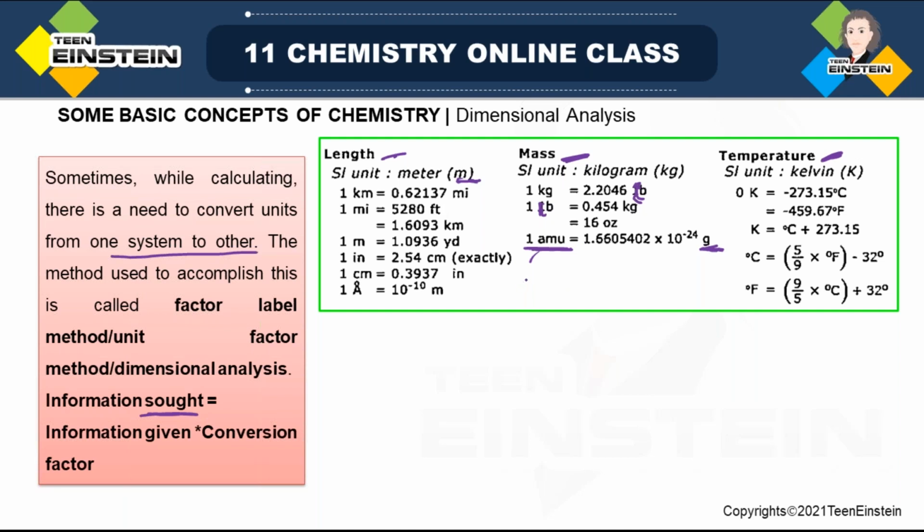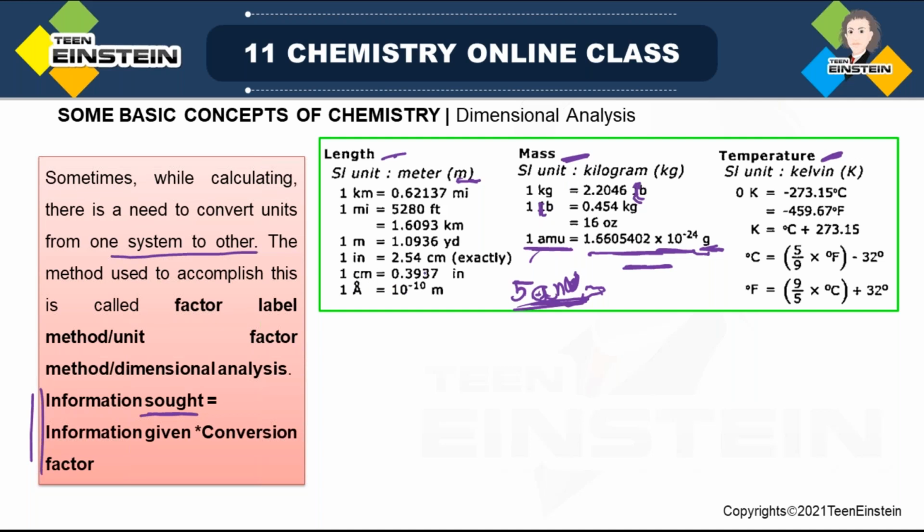Now if it is, suppose, 5 atomic mass units, what do we have to do? This number must be multiplied by 5. That means information sought is information given into conversion factor. Here 5 amu is the information given, and when you multiply it with 1.66 times 10 to the power minus 24 gram, that is the conversion factor.